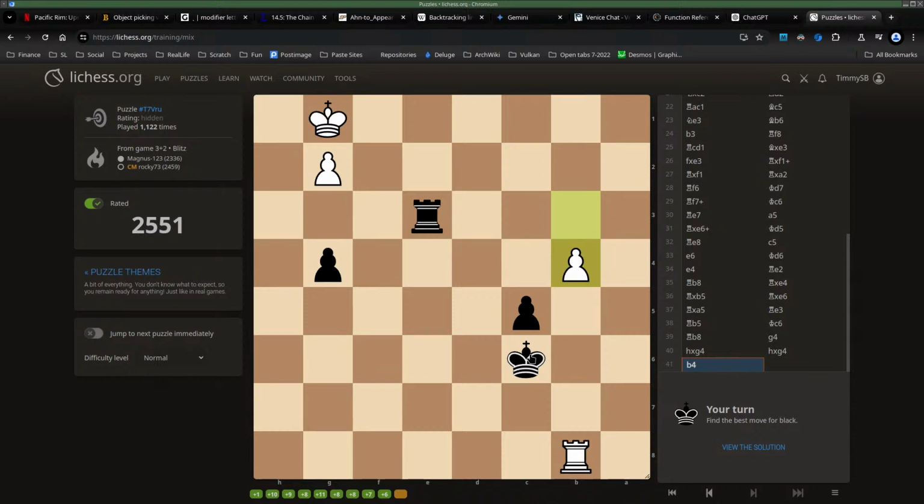Oh, that's something else. Okay, so we go here, c7, attack the rook, then the rook goes here, because that's the only way to not be mated. But then I just exchange the rook and win this pawn anyway. Is that a won endgame?